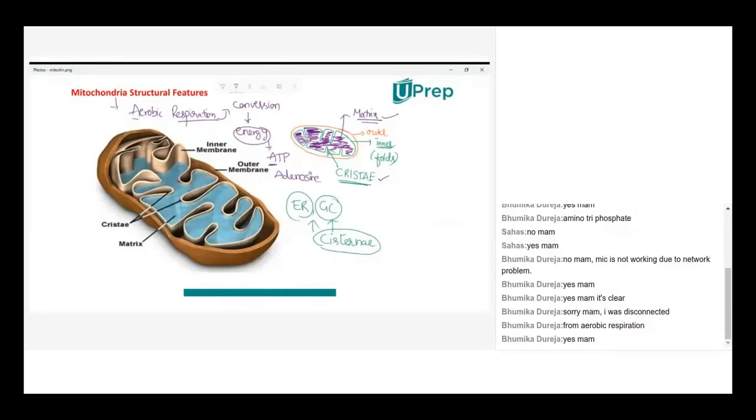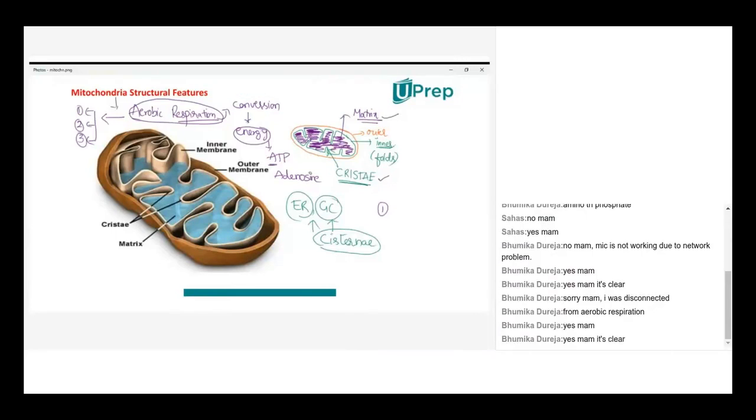Now during aerobic respiration, this conversion happens, and aerobic respiration takes place in 3 steps. What are the 3 steps? Glycolysis, Krebs cycle, and electron transport chain. Is that clear to you, Bhumika? So the 3 steps names I'm writing on the other side of the slide.